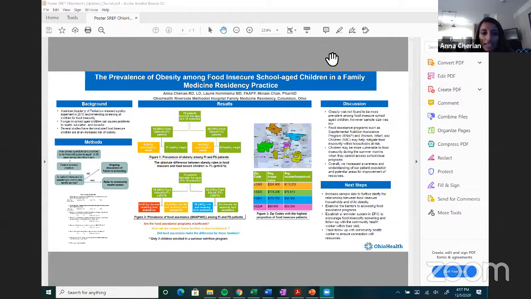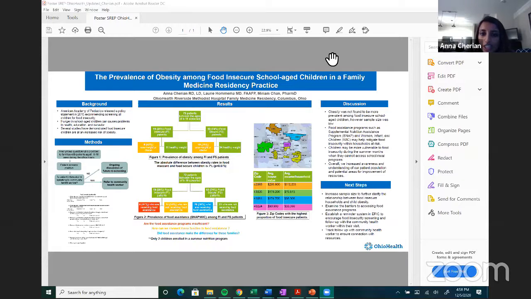But we did find that there was a gap between our food insecure patients and the food assistance they were receiving. So we determined that we need to connect our families who are food insecure with more resources, and that programs like SNAP and WIC could help mitigate food insecurity within households at risk.